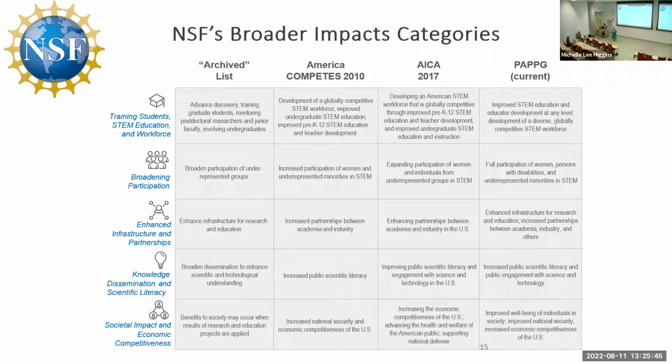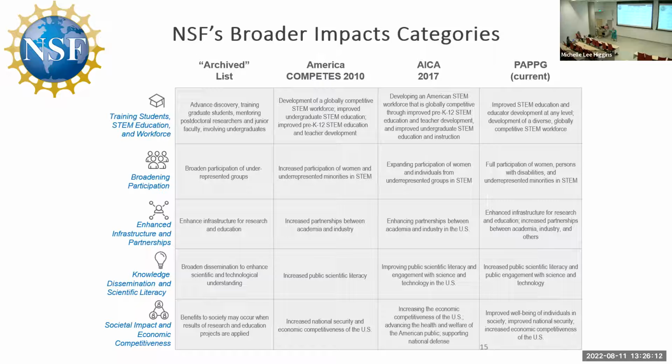So it was starting to get towards some of those possible impacts, but it was still kind of loosely defined. And in 1996, a number of surveys said reviewers don't really know how to weigh these, how to judge these, how to analyze and review on these. So at that time they made it those 2 criteria, intellectual merit and broader impact.